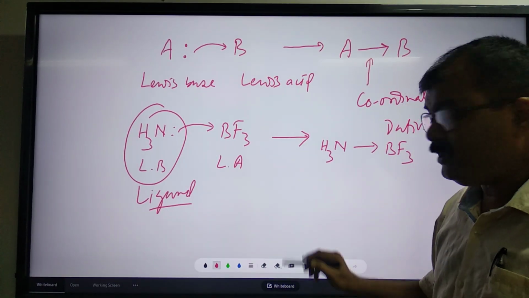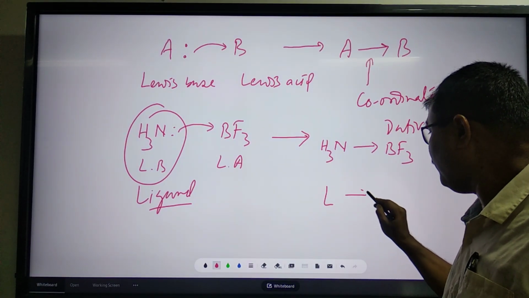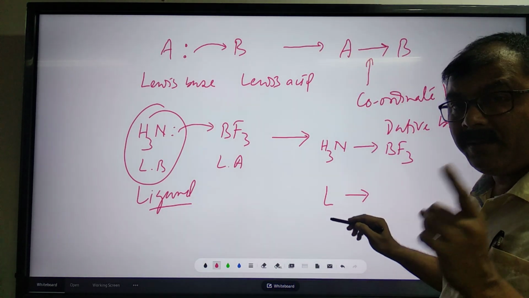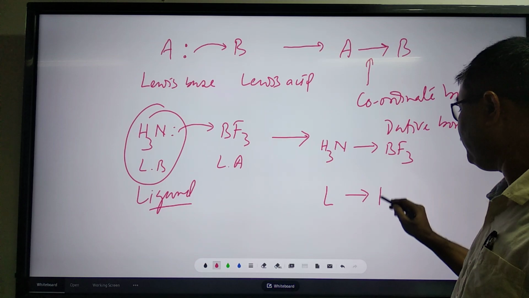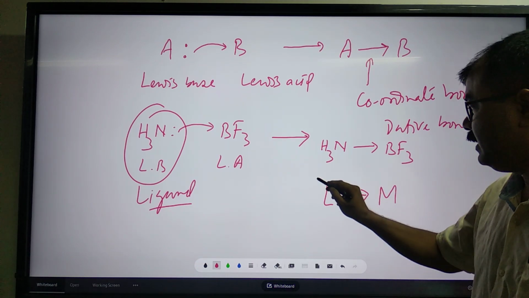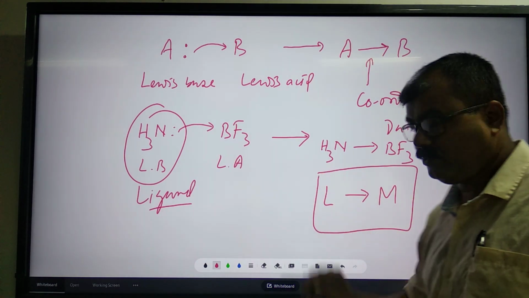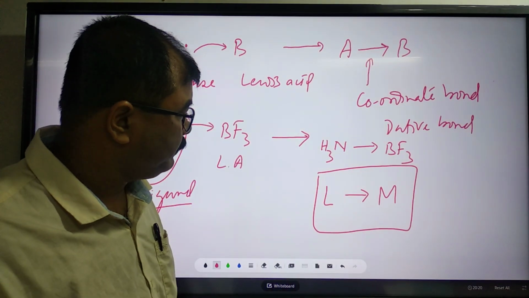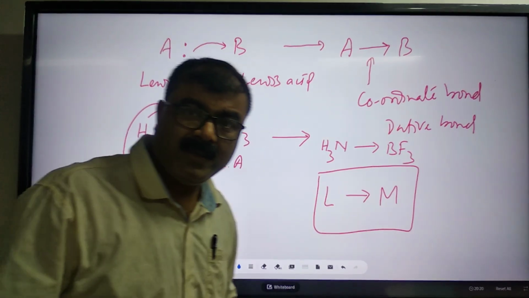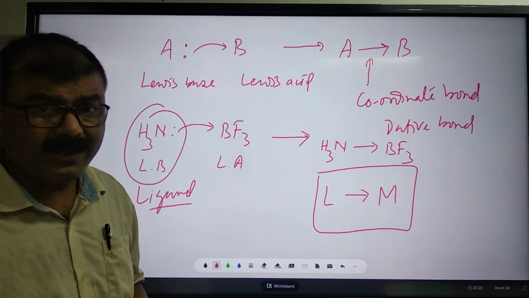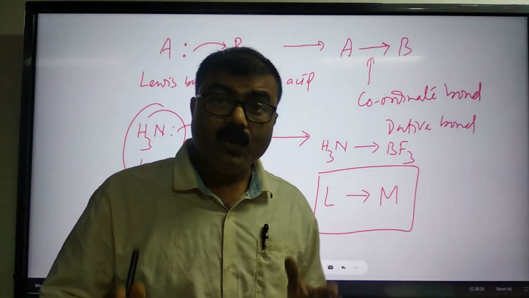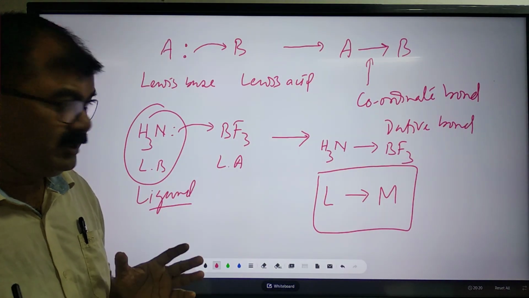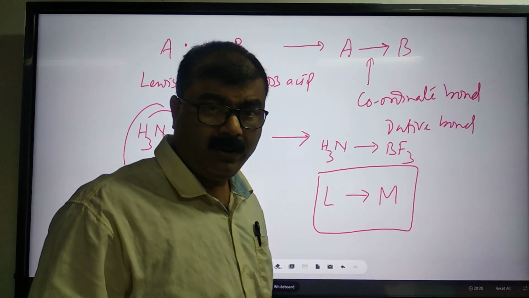So always in a coordination compound, any ligand donates one pair of electrons to the metal. The ligand-metal bond, that is the coordinate bond, must always be present in a complex entity. That is why they are called coordination compounds. Have you understood the meaning of coordinate bond?